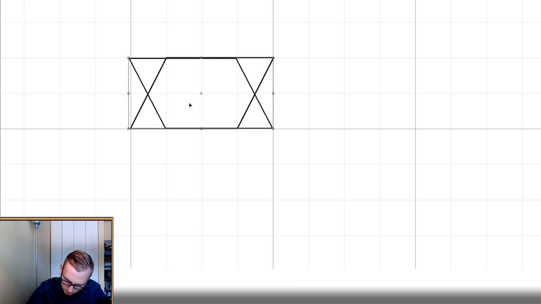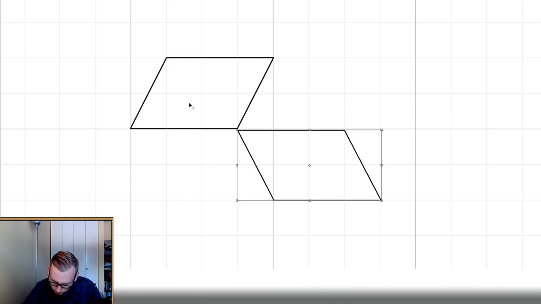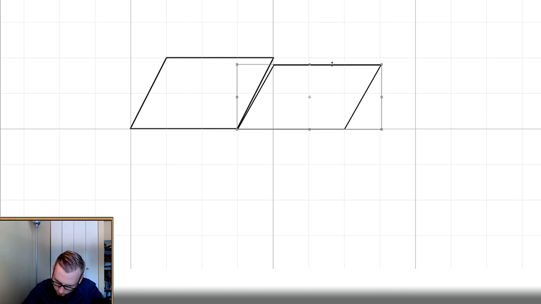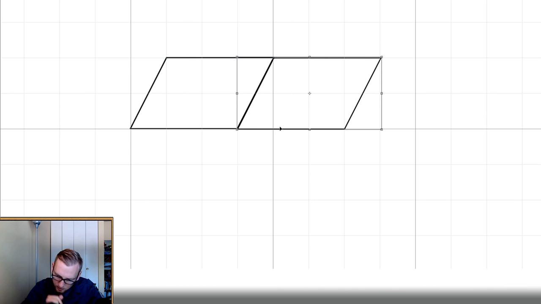Would that be the best way to do it? No. No, that's fine. Because then we can use that idea. Say, oh look, we cut that off.